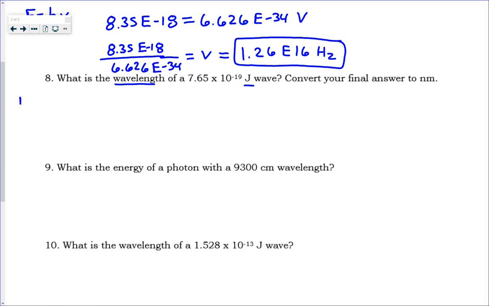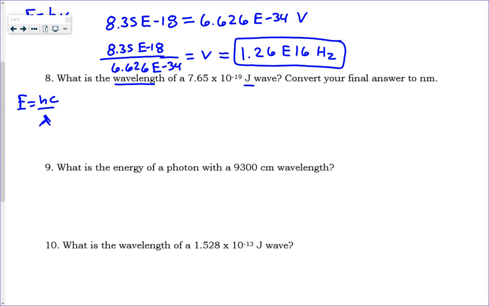It relates to E equals hc over lambda, right? Because that is the equation that has wavelength and frequency in it. And then we have to rearrange that equation to solve for wavelength. It's kind of hard to solve for things if we're plugging in numbers and the variable is in the denominator.